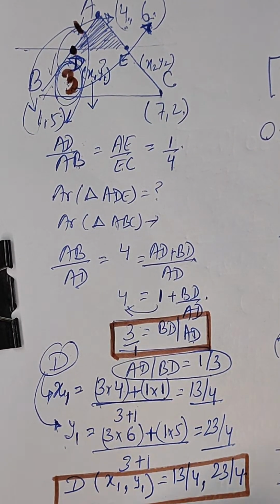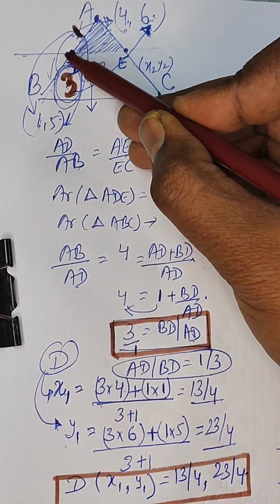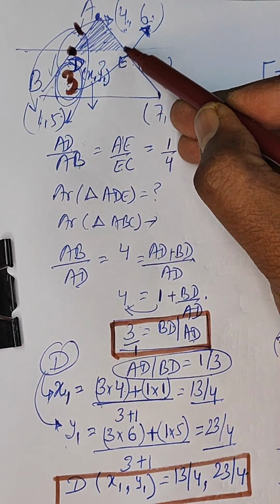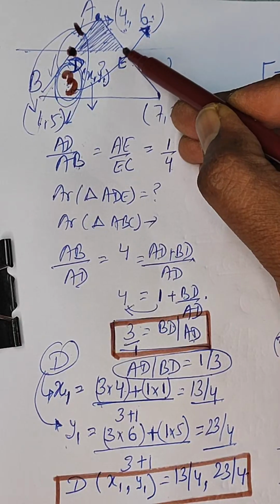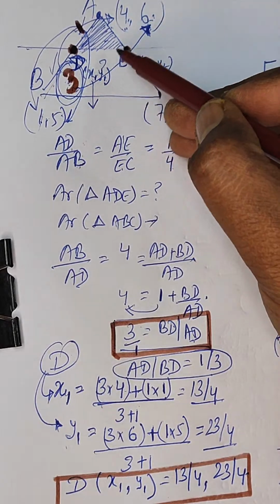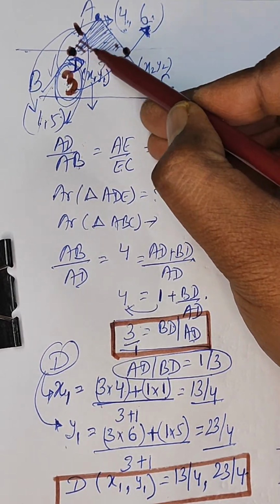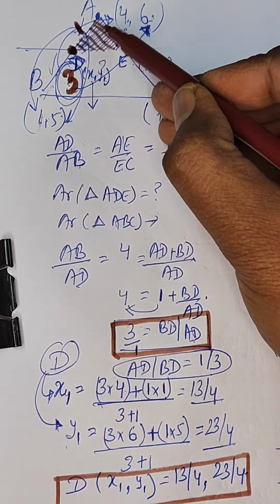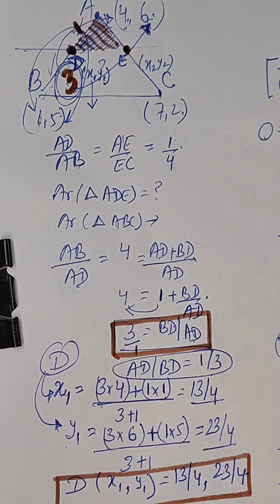Now, my dear friends, if you know the coordinates of D, similarly you can calculate the coordinates of E, and you already know the coordinates of A. So can't you calculate the area of this triangle, because all three coordinates are given to you?